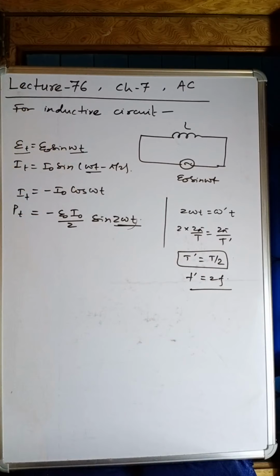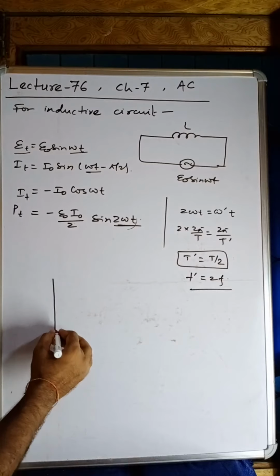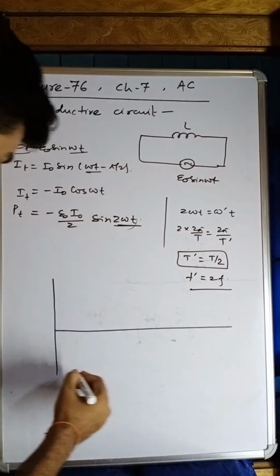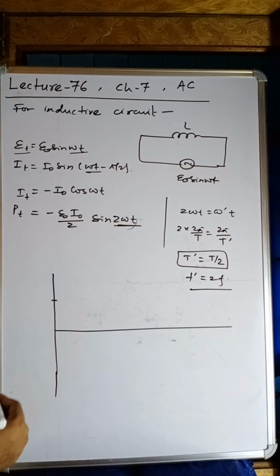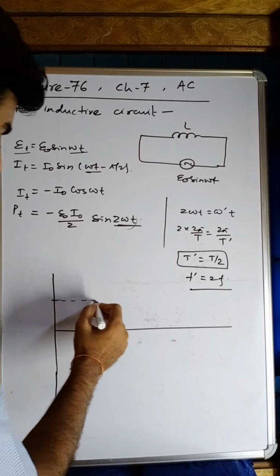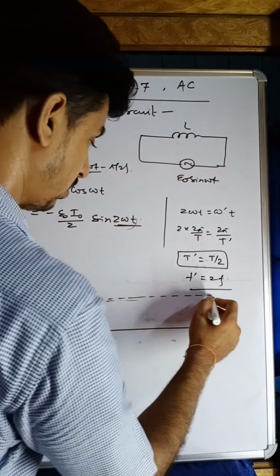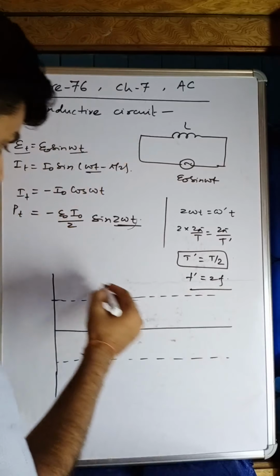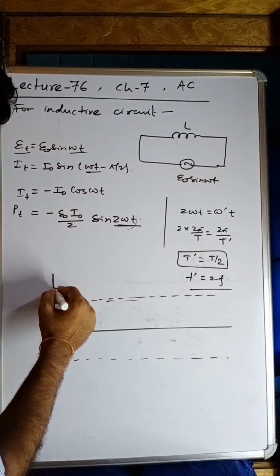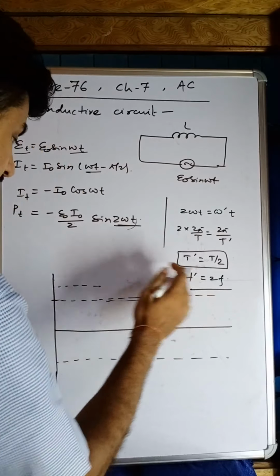This will help you to draw the sinusoidal graph. I am going to draw. Now, we know that the amplitude of current is a little less than the voltage. This is for the current and this is for the voltage.